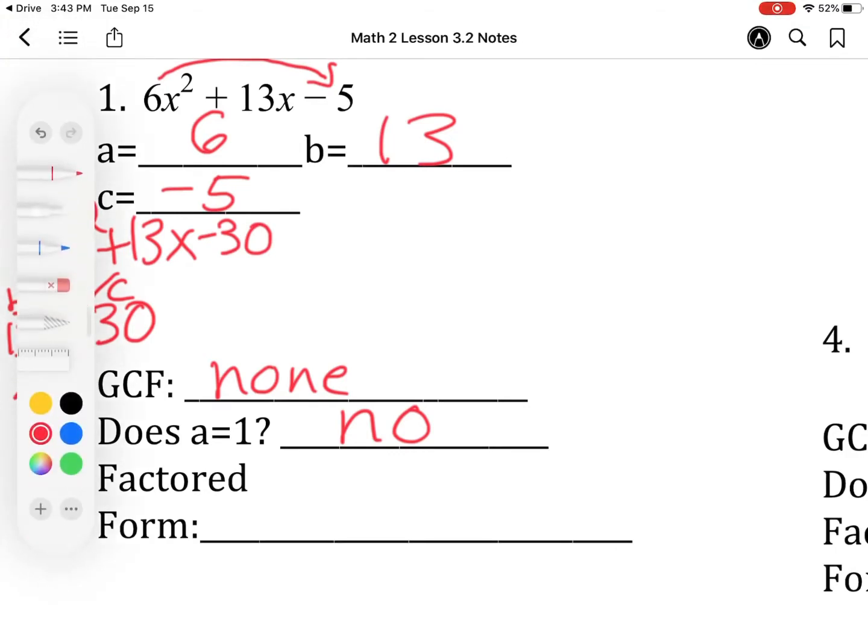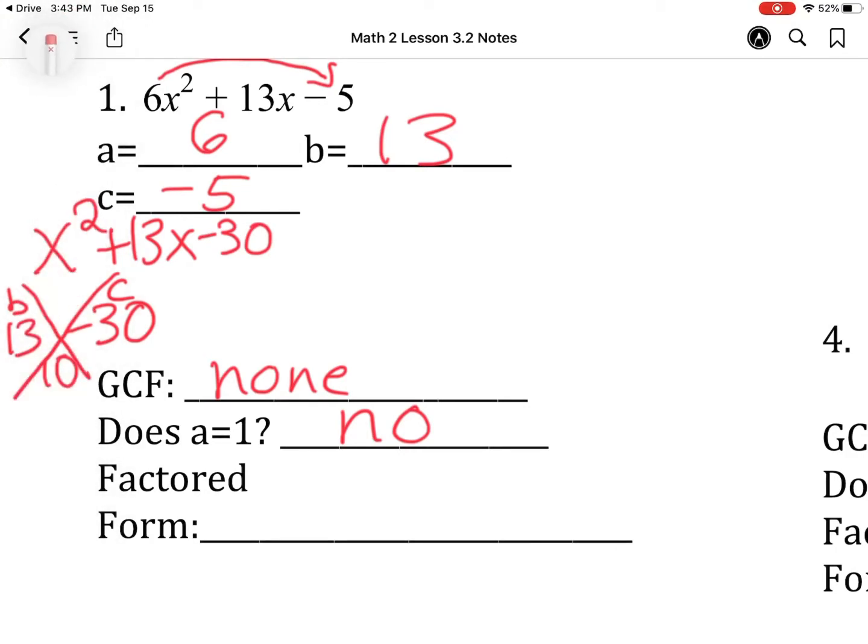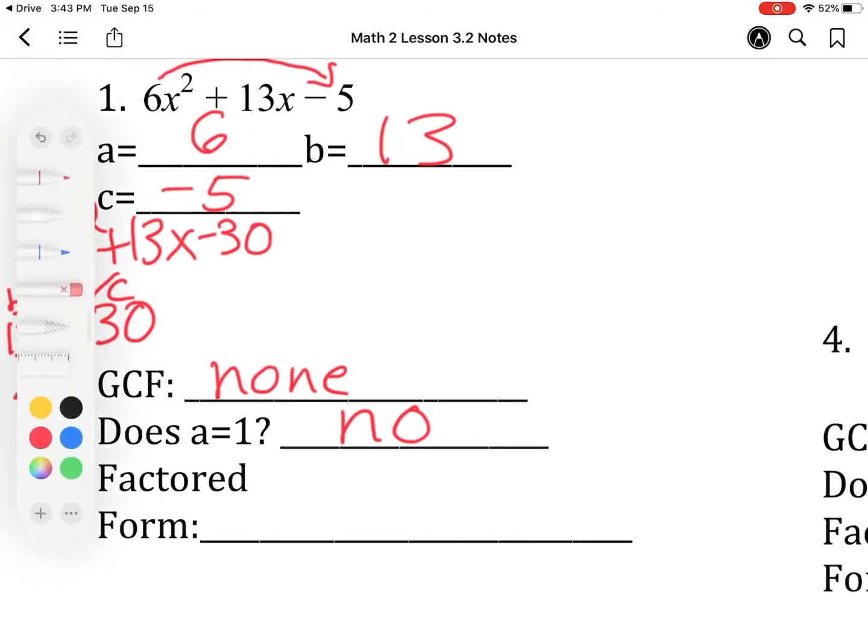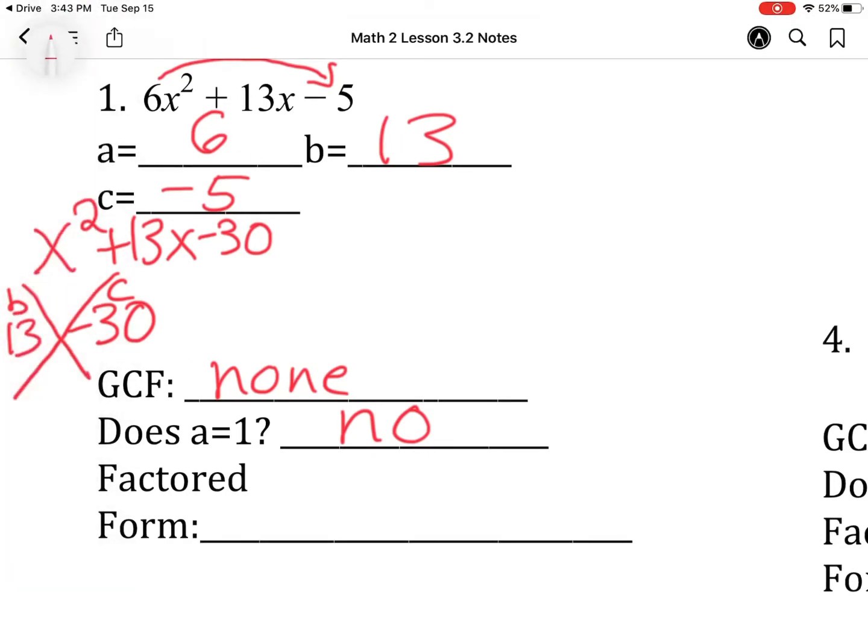So let's try another set of numbers. How about 2 and 15? In this case, we can get our -30 and our positive 13 by making that 2 negative. So -2 plus 15 gives us positive 13, and a negative times a positive gives us a -30.